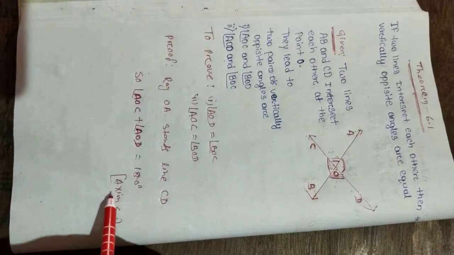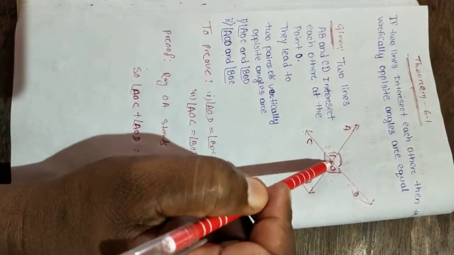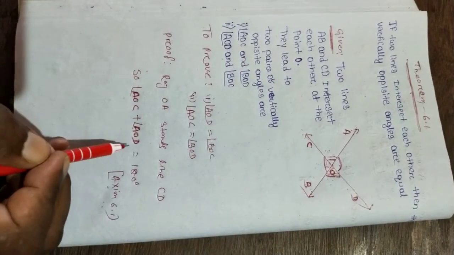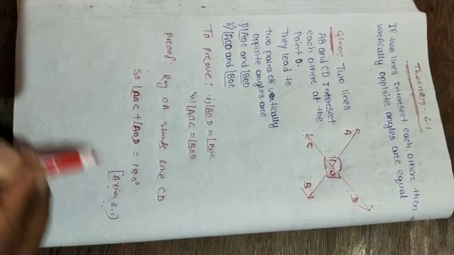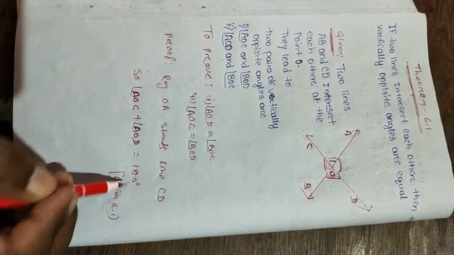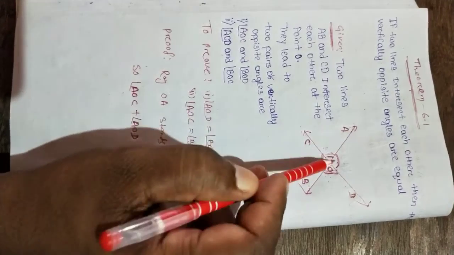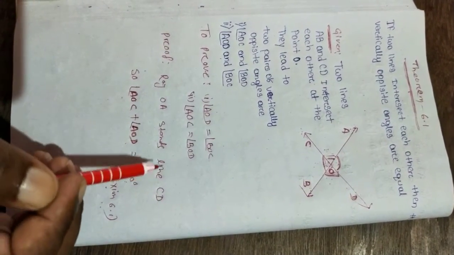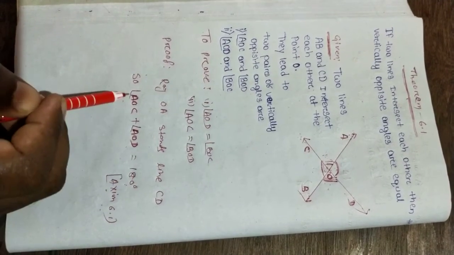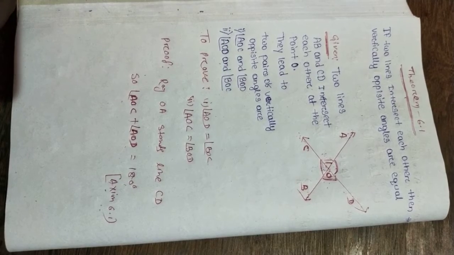By axiom 6.1, angle AOC plus angle AOD is equal to 180 degrees. AOC and AOD are adjacent angles. So AOC plus AOD is equal to 180 degrees.